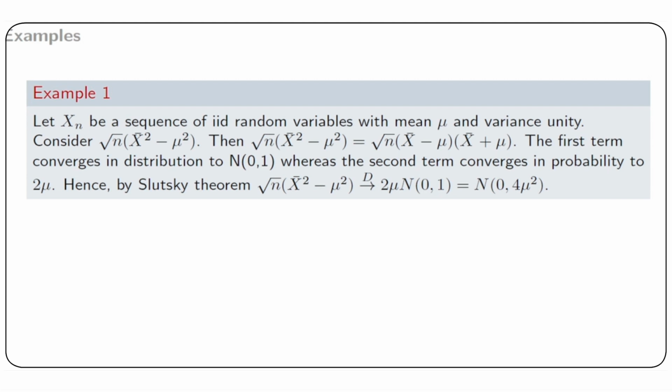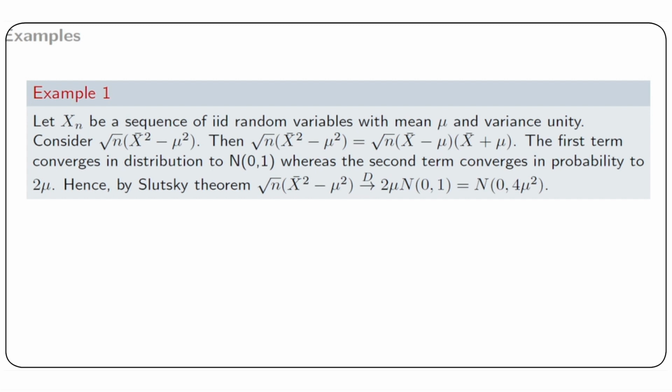The first term converges in distribution to normal 0, 1. This follows from central limit theorem, whereas the second term converges in probability to twice mu. Hence, we can apply Slutsky theorem here because we have a product of two random variables, the first one converging in distribution and the second one converging in probability.